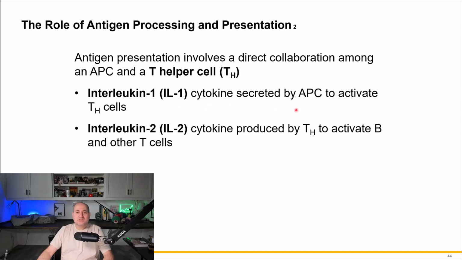So for instance, the professional antigen presenting cells will secrete interleukin 1 in order to activate helper T cells. And then in turn, the helper T cell will secrete interleukin 2 in order to activate those B cells and some T cells as well. So you see, there's a lot of intercellular signaling going on via these cytokines.